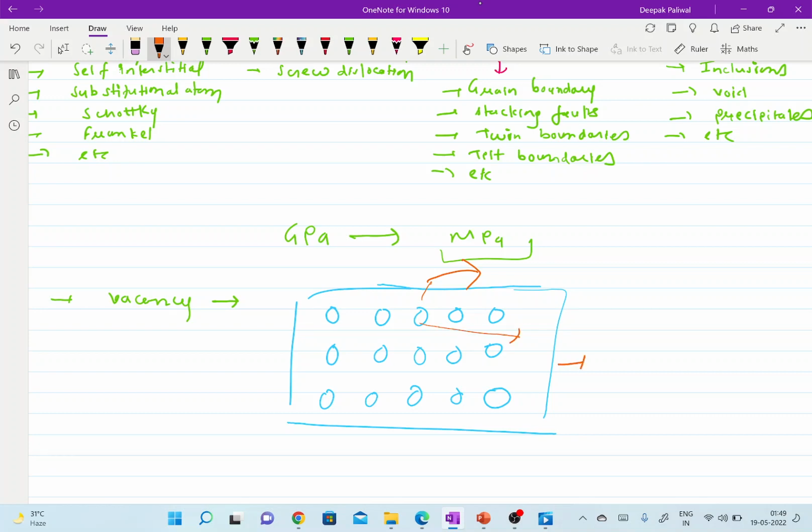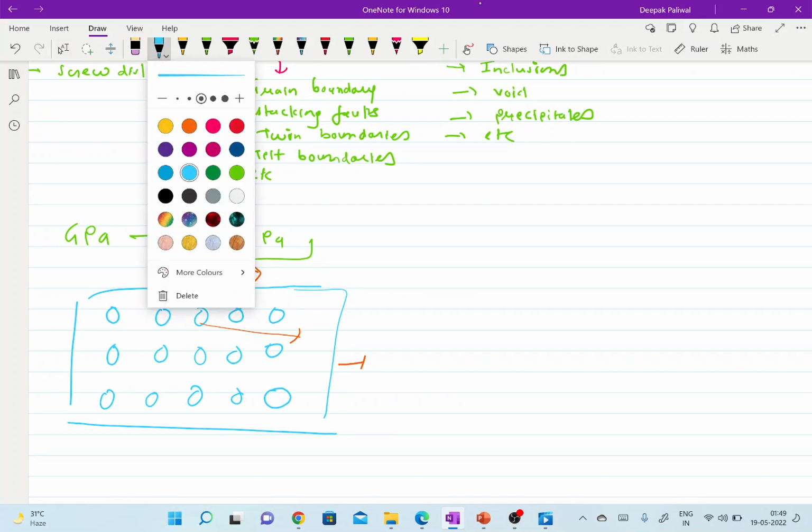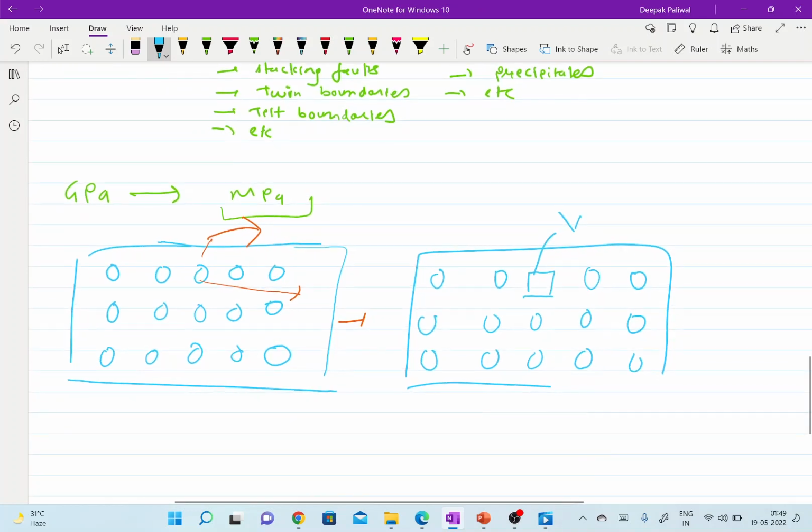So at this place we have a vacancy. This is the defect inside the material, where we have an atom missing. So this is the vacancy.